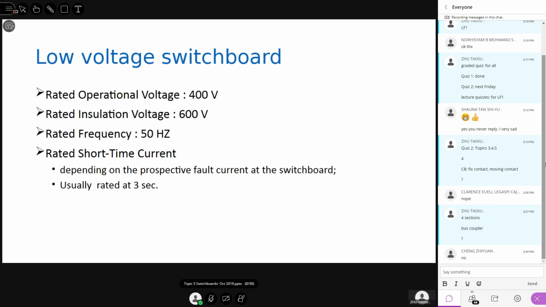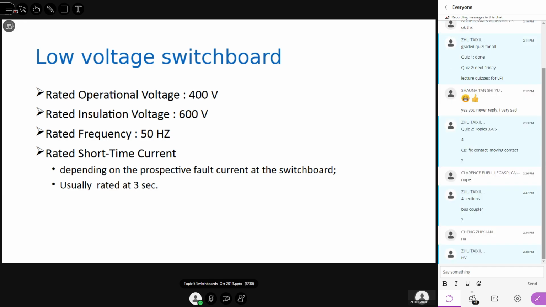Now, those few slides were all about the high voltage switchboard. Next, we will spend a little bit longer on the low voltage switchboard. When you design a low voltage switchboard, you have to answer 4 questions. What is the operating voltage? This is easy, 400 volts.